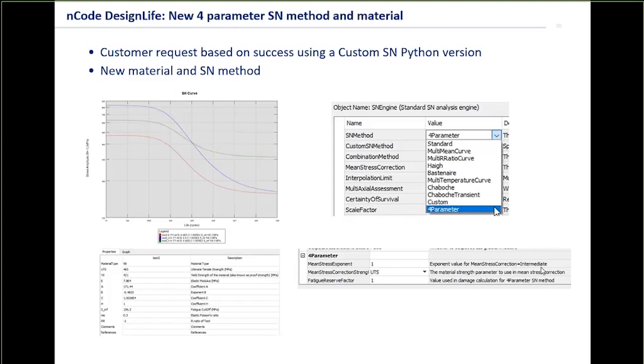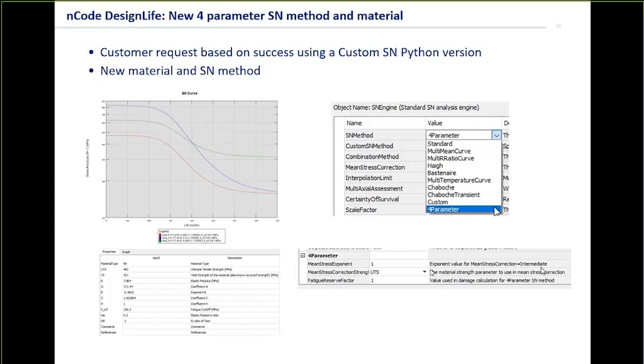That involves a new material type, as you'll see on the screen, with 4 parameters defining a curved SN curve, and a new method that appears in the drop-down list in the SN glyph as a 4-parameter type. This is a method defined in DefStan 970, and it's basically the same method, but using a more resolved curve. You get some extra parameters with that.